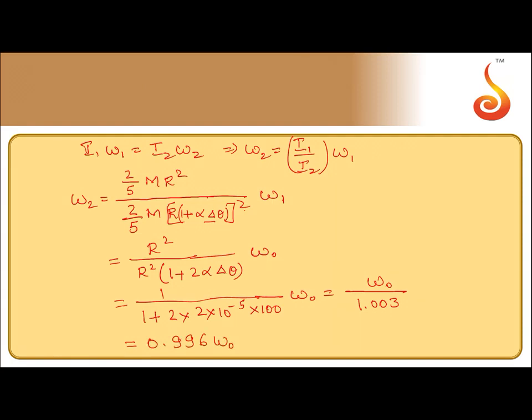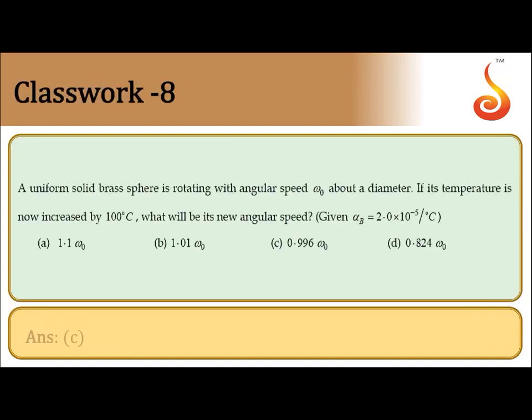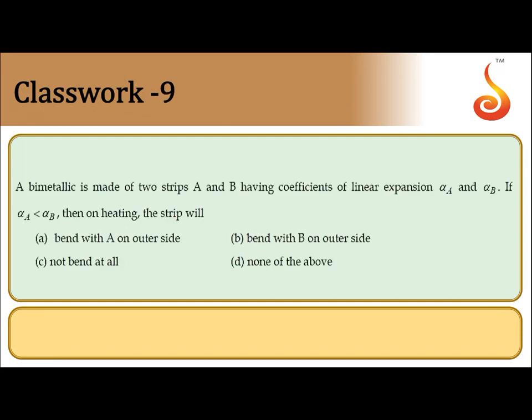So there is a slight decrease in angular velocity. That is option C. Yes, we'll move on to next one.